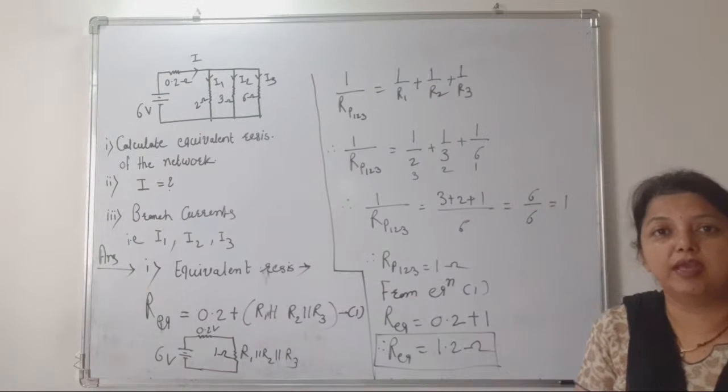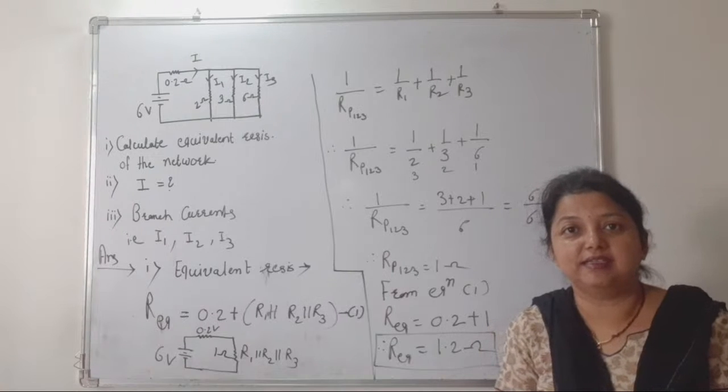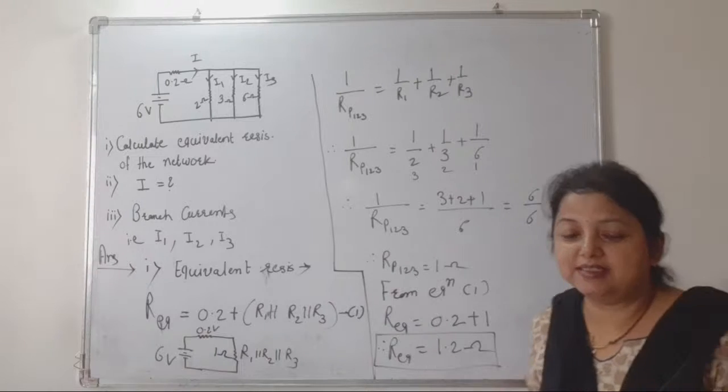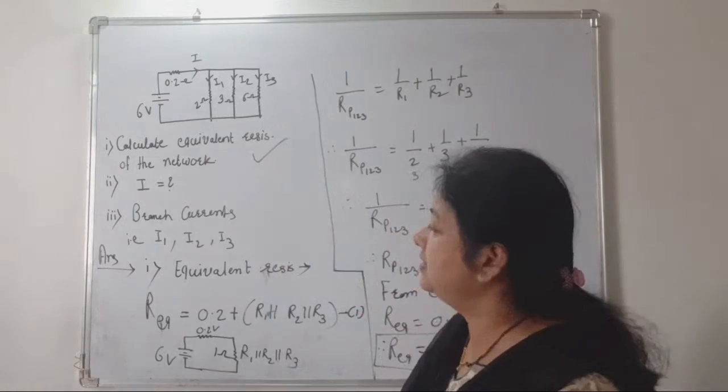Yes, Vipul. Okay, I is equal to 5. Right sign, right answer. Very good. Equivalent resistance is 1.2. Means we simplified this one and got the answer.